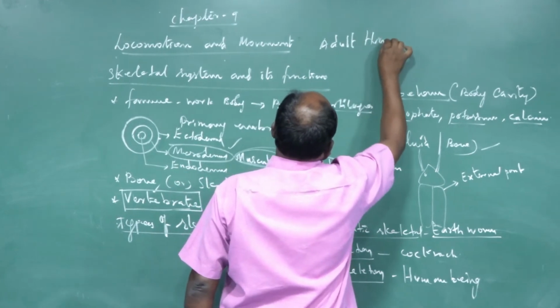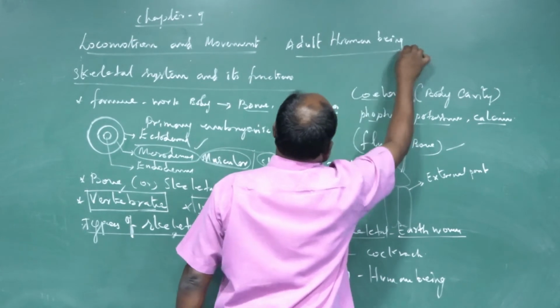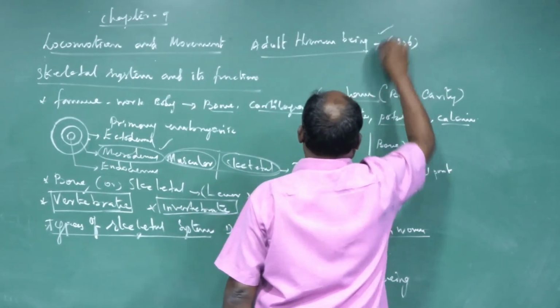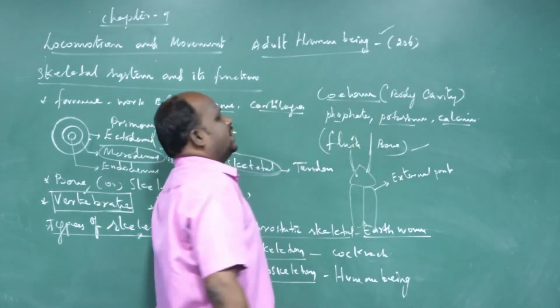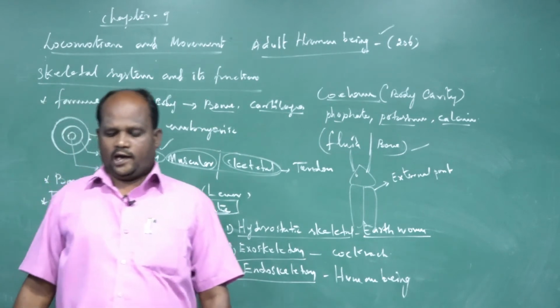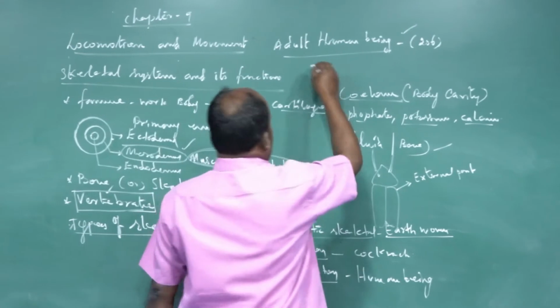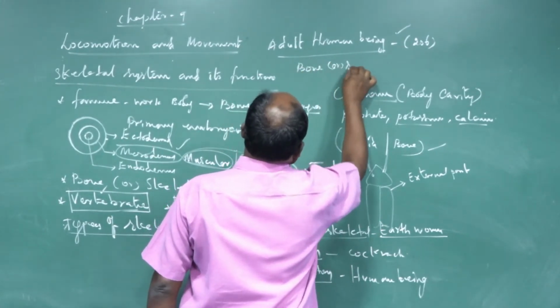Okay, the adult human body, as I told you, may present how many bones? 206. The adult human body may contain 206 bones. The 206 bones plus cartilages. Bone is otherwise called skeleton.